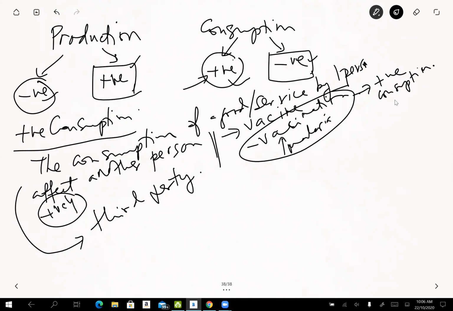If you go to what we currently have, in the COVID-19 epidemic, the vaccine, which we have not discovered yet, if we have it, will generate a very significant positive externality to the society or to other people.